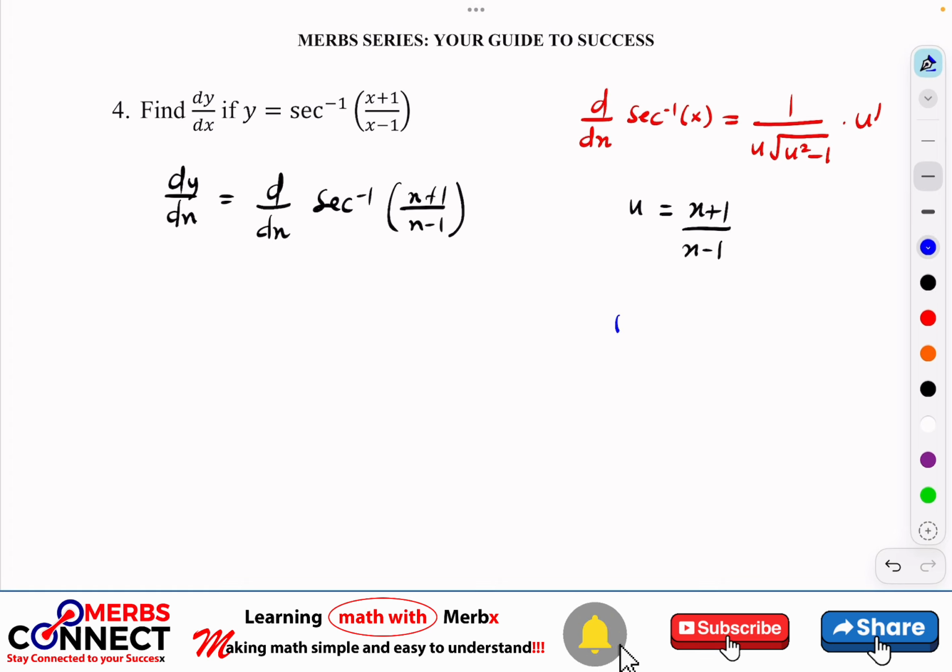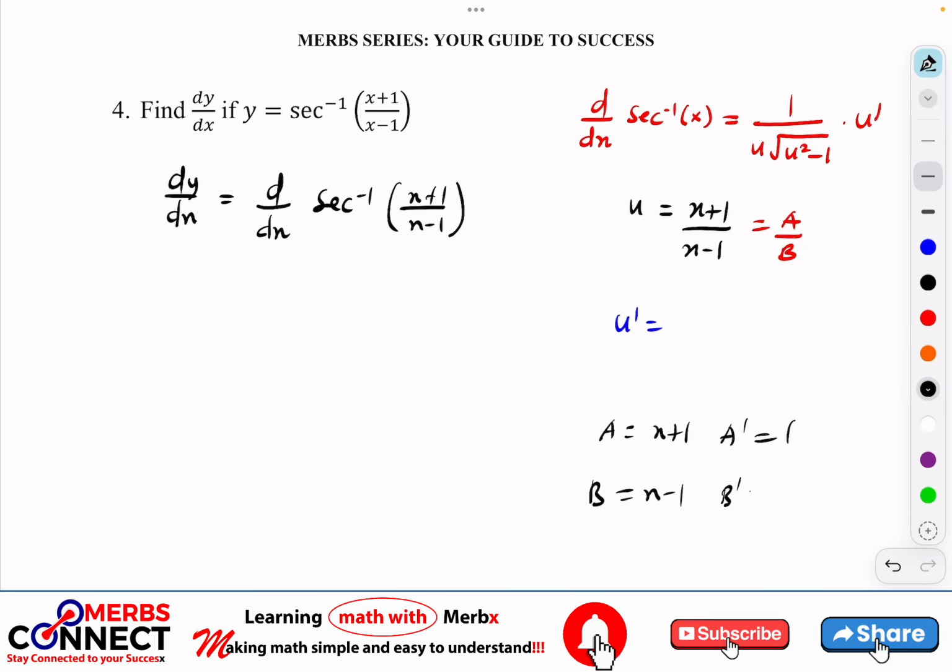So we need u prime, and for u prime we need to use the quotient rule. So quotient rule, since we have a over b, a is equal to x plus 1, a prime will be 1, b is equal to x minus 1, and b prime will be equal to 1. Nice.